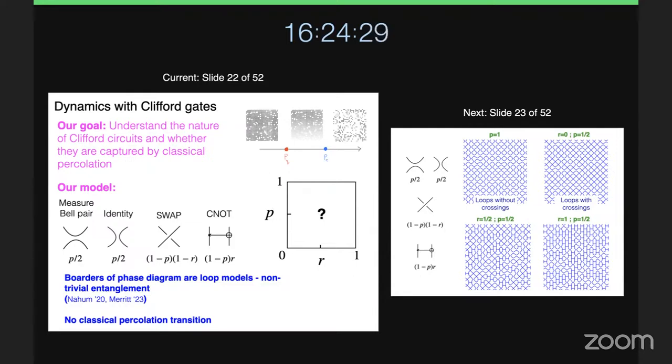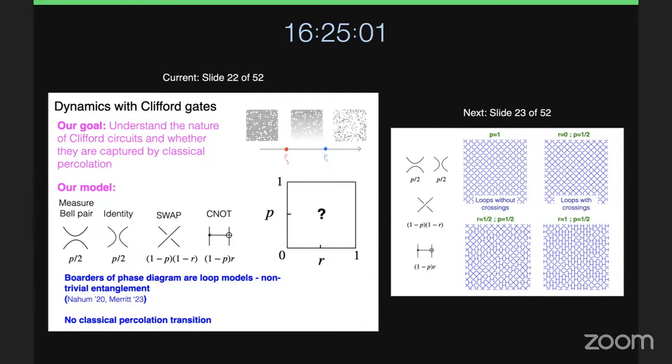And then the other parameter is r, which controls the ratio between swaps and CNOTs. Okay, and therefore we want to understand what is the phase diagram, and then see if we can use classical pictures to understand the phase transition. And the first thing I want to point out is that one of the interesting things about this model is that there is no classical percolation transition inside the bulk of this phase diagram.